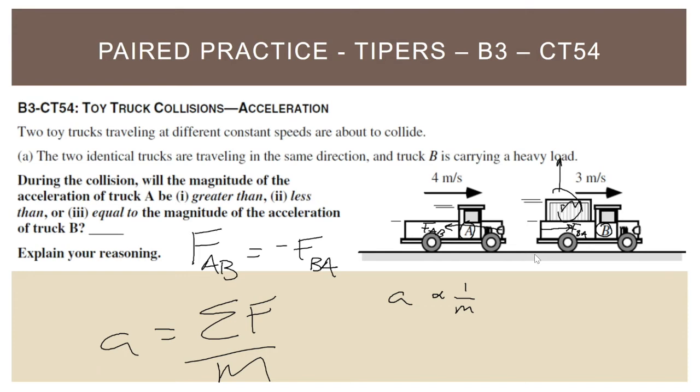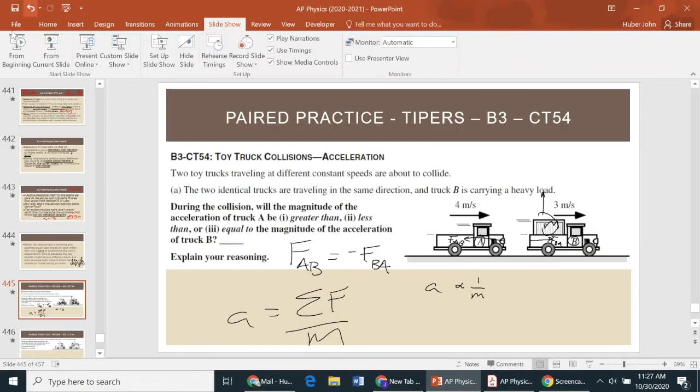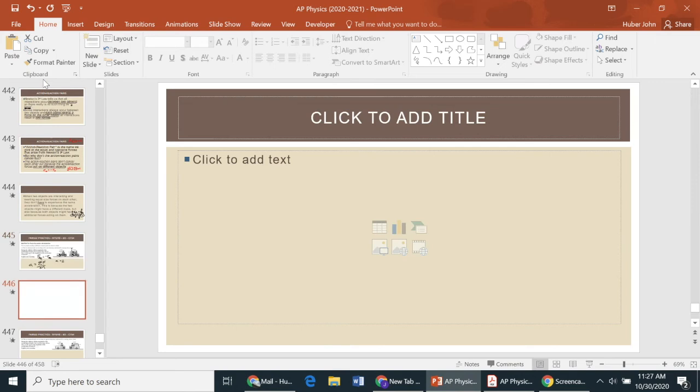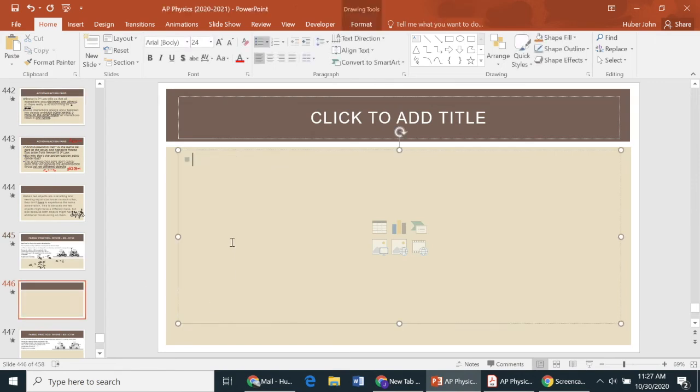So every time, and you're going to see these problems a heck of a lot, every time you have to apply more than one of Newton's three laws, generally you're going to have to apply the third law to talk about the size of the force, and then either the first or second law to talk about the acceleration. And because that's a very important point, it's probably worthwhile to take a moment to write that down.